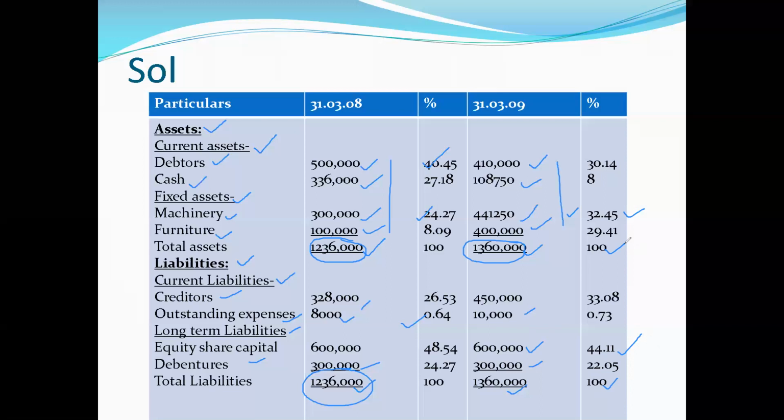So likewise, in a common size statement, basically we take any one item as the base and calculate all other items on the basis of that item. In the income statement, we take net sales as base. If net sales is not given, sales or gross sales is given, then we'll take it like that. And in the balance sheet, we take the base as total assets or total liabilities.